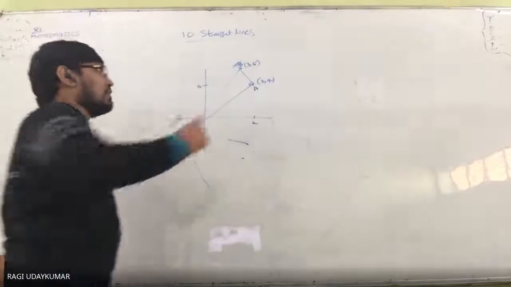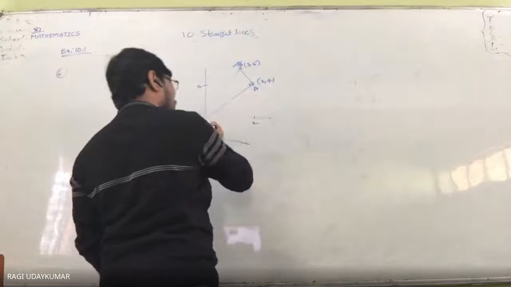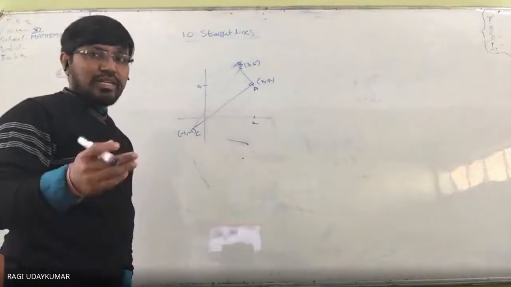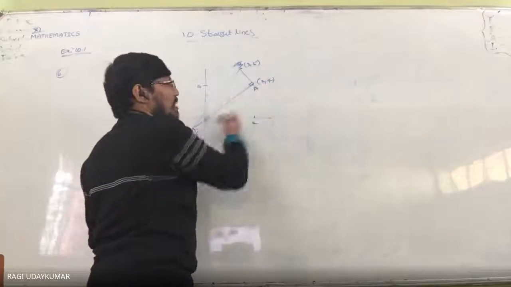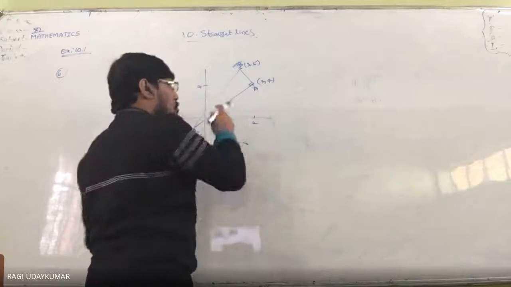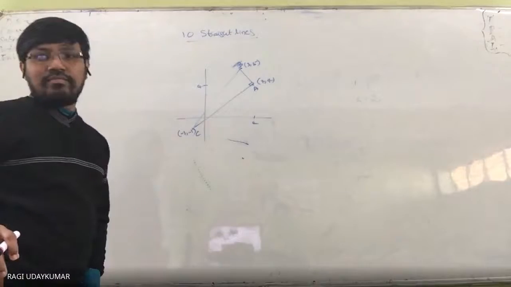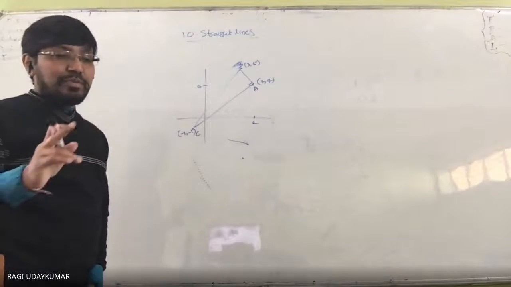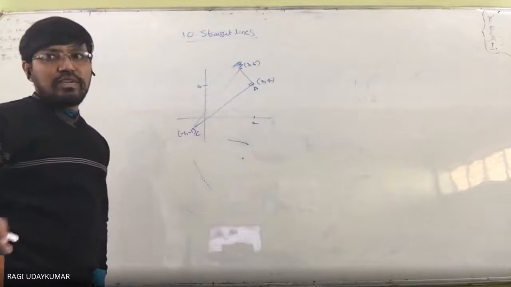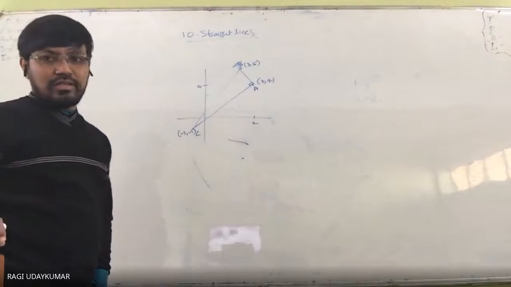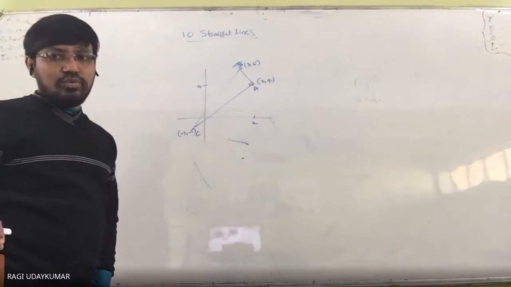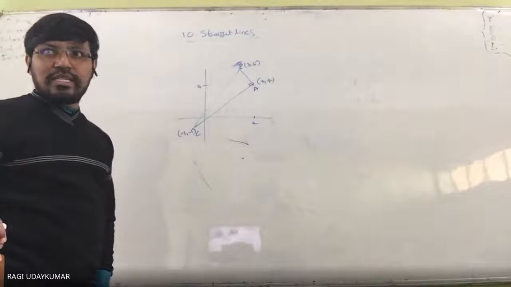Find the slope of this line, this line, and this line also. Because we have drawn a figure, we get approximately that these two lines are perpendicular. But without drawing a figure, you have to find the slopes of the 3 lines. If the product of the slopes of any 2 lines is equal to minus 1, then you can say that the 2 lines are perpendicular.